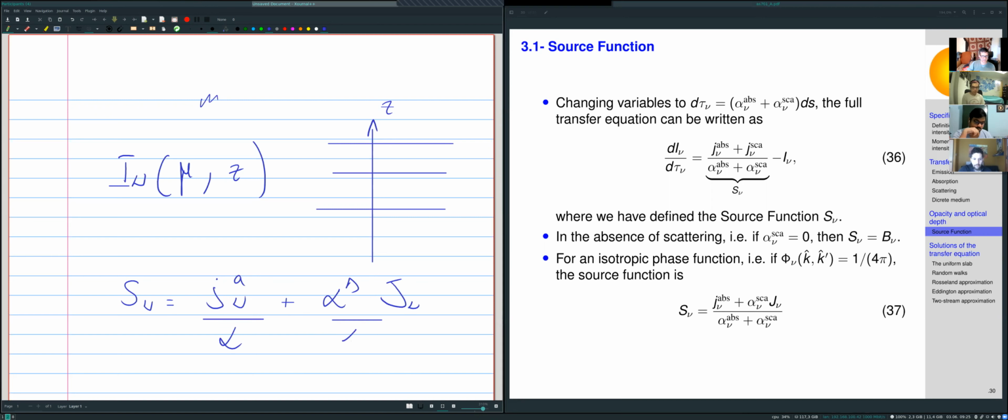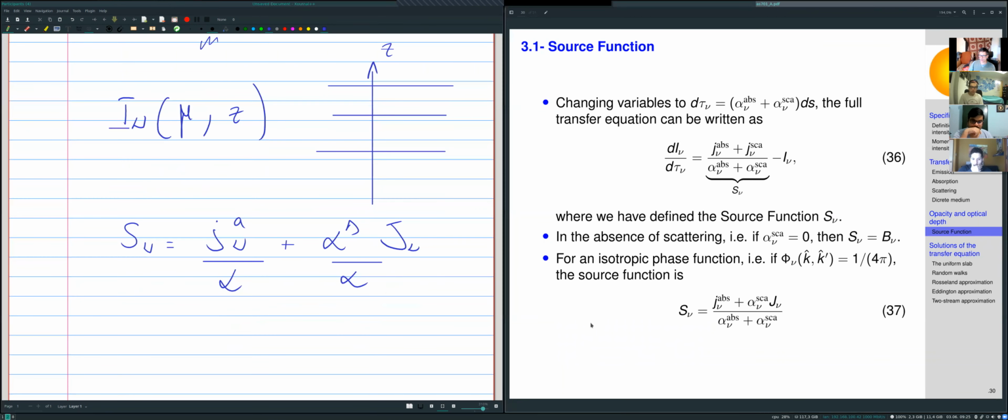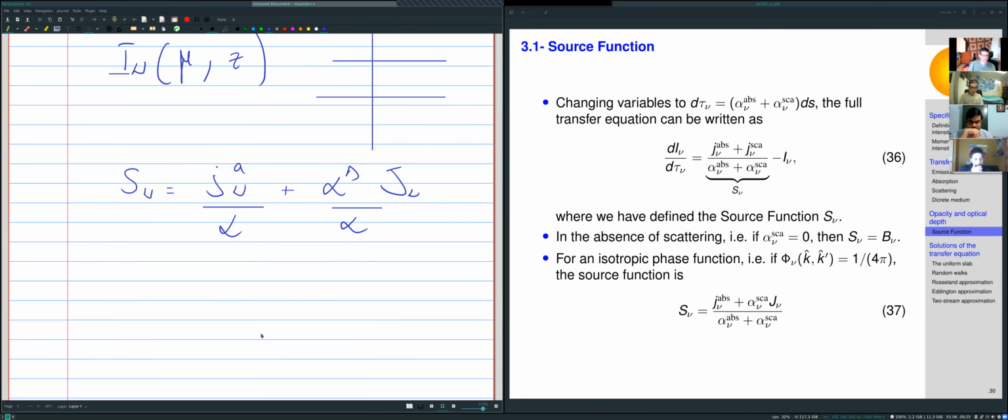It would be useful to add the expression for the Planck function as well.